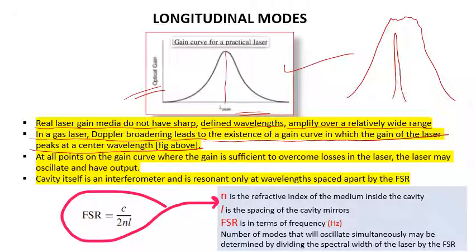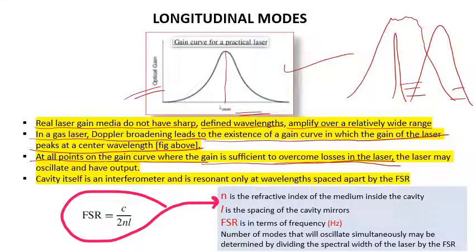Like this it has to be, but like this it's because of the Doppler broadening that we have studied already. So at all points on the gain curve where the gain is sufficient to overcome losses in the laser, the laser may oscillate and have output.